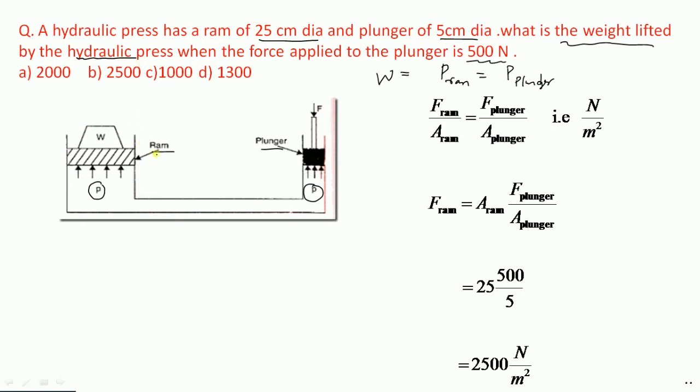So, that is at ram because weight lifting is carried at the ram. So, again weight is nothing but a force. So, force at ram is equal to, we can form this. So, once we put the values, it will be 2500 Newton per meter square. So, option B is correct option.